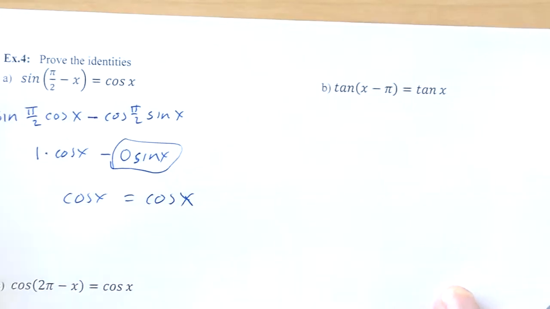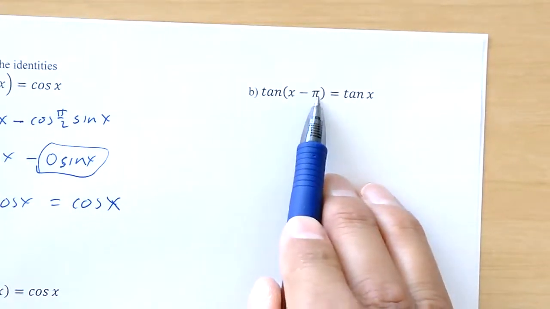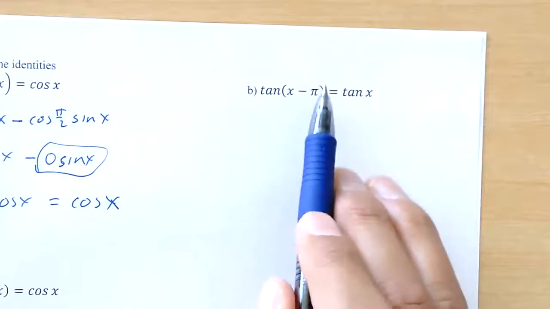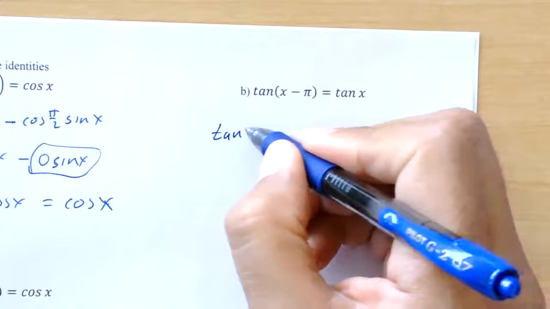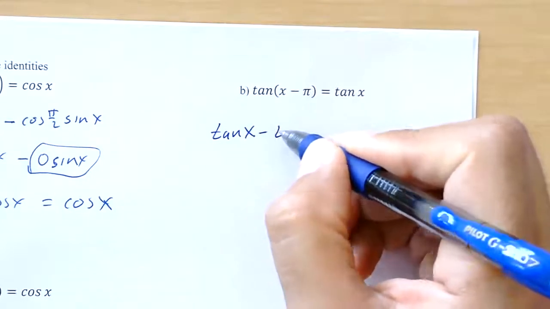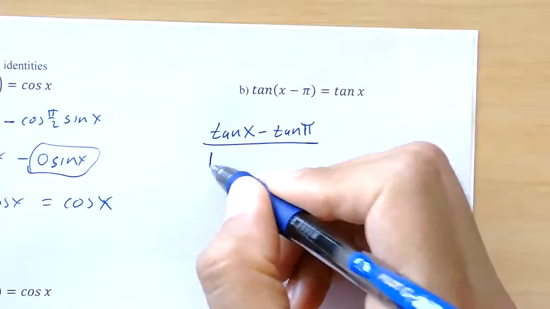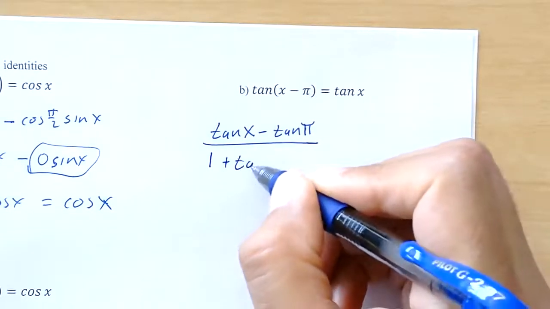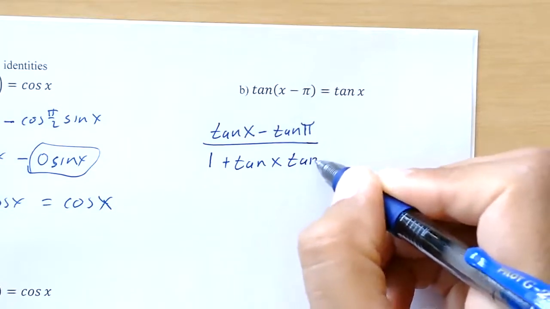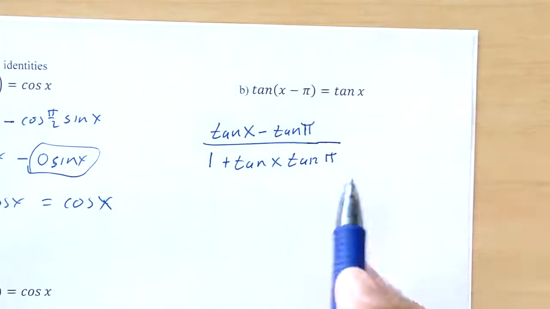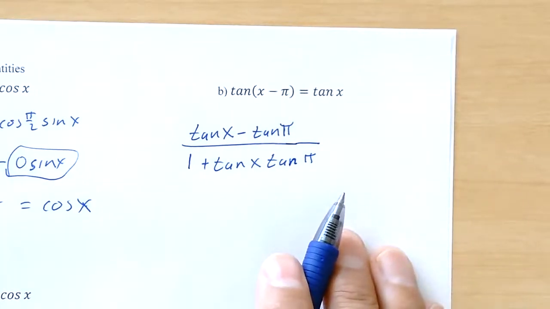On part B, tangent of A minus B. So again, I'm going to use my formula. Tangent of A minus B should be tangent of A minus tangent of B, divided by 1 plus tangent of A times tangent of B. I am using the formulas on the purple paper, so use the purple paper.